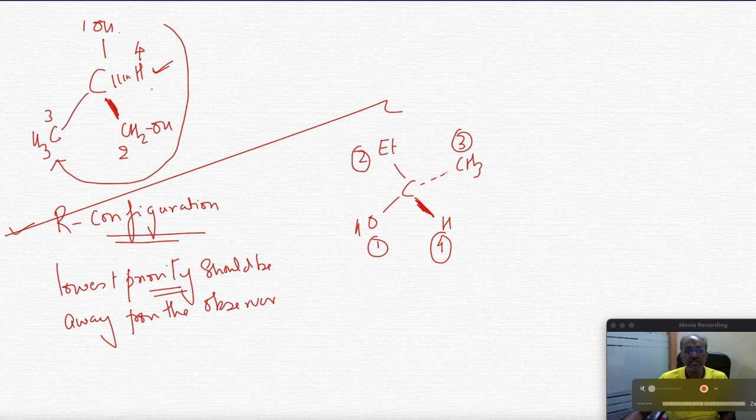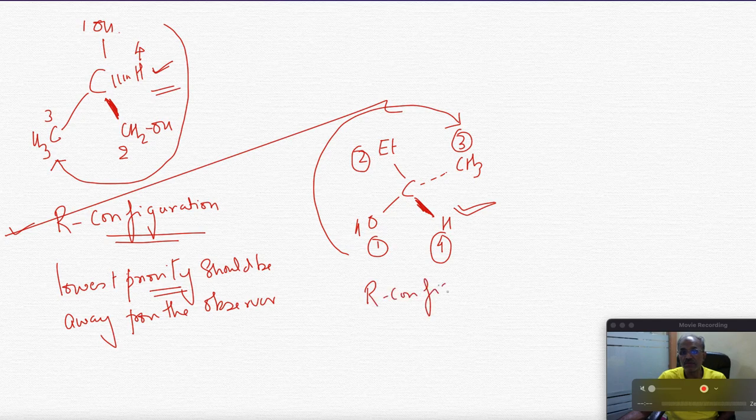Here the fourth group has to be always away from the observer, but in this case it is towards the observer. So if I say 1, 2, 3, at first instance it will look like R configuration, right?